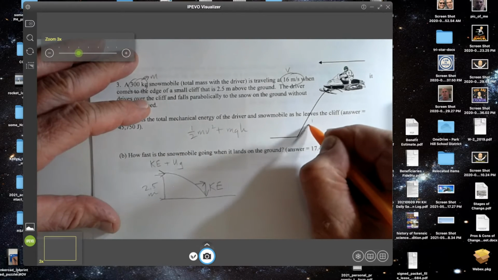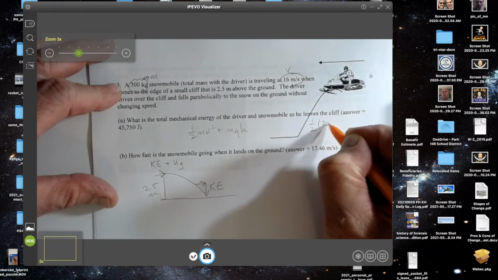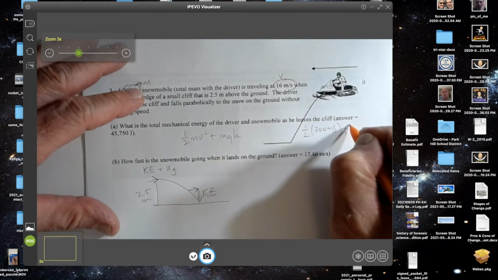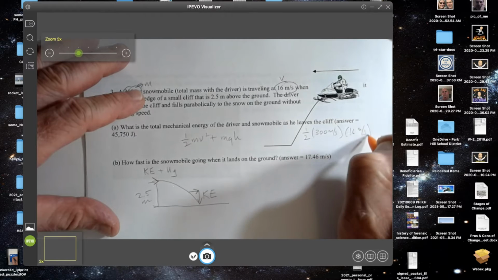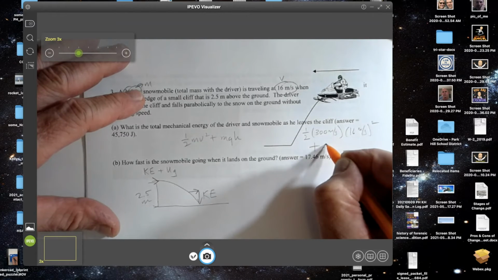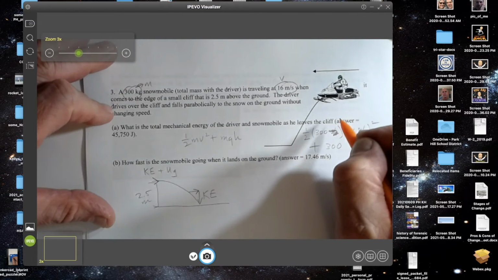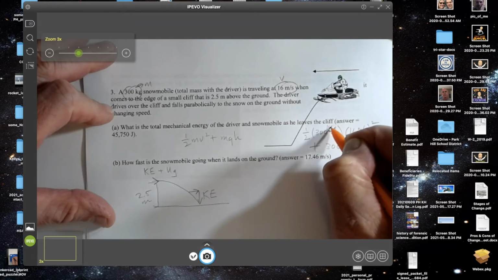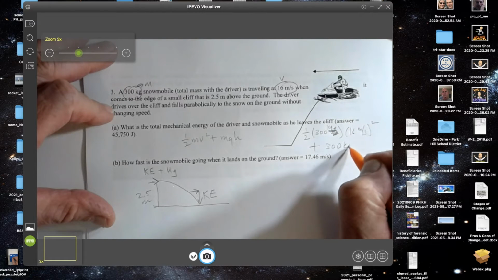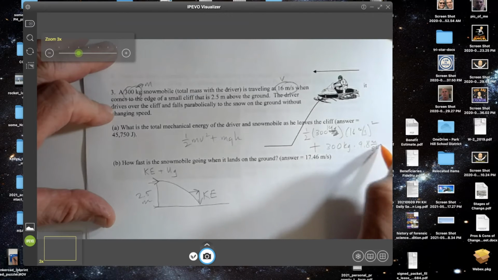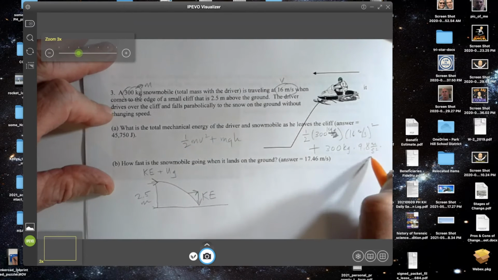Okay, so 1/2 mass, 300 kilos, times the square of the velocity, 16 meters per second, plus the mass, 300 kilos, times gravity times the height, that's 2.5 meters.